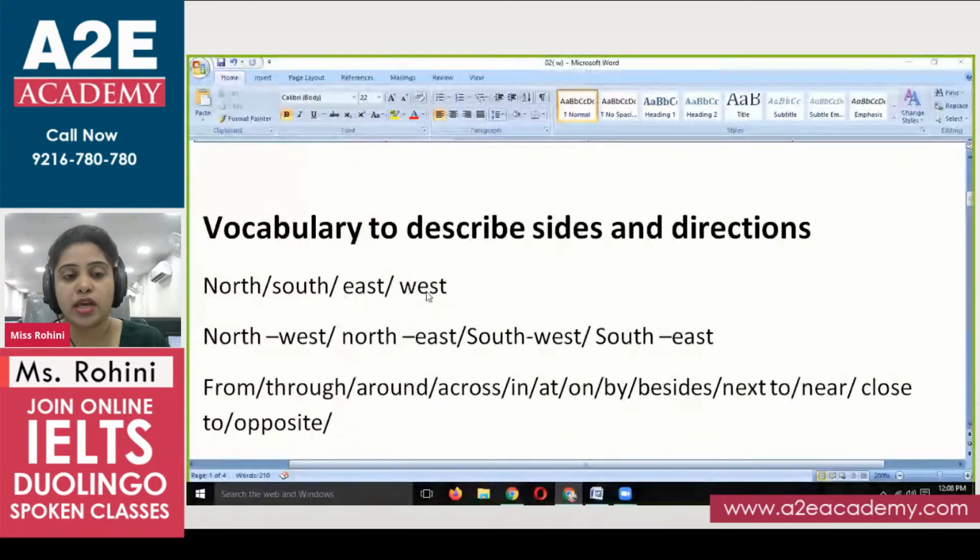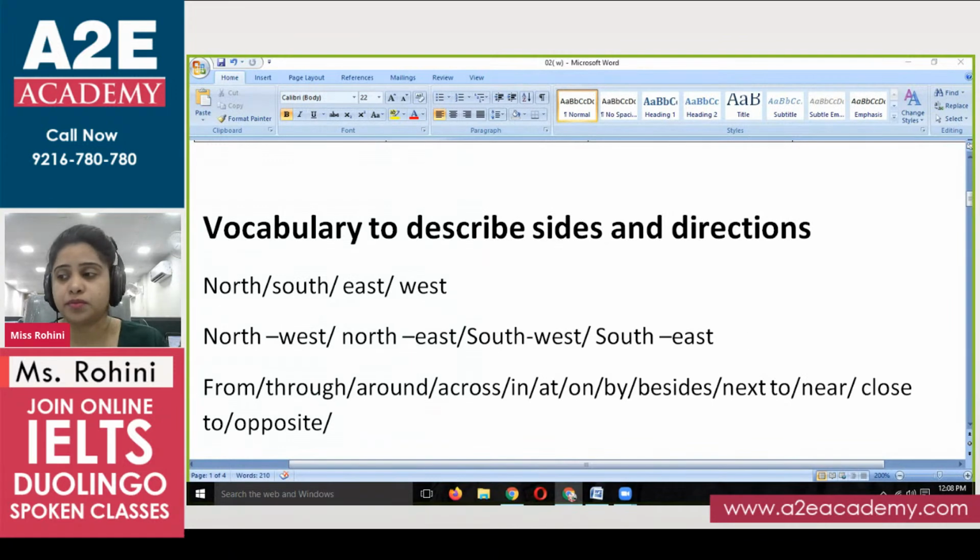east and west. Okay, and make sure that because these are directions, the first letter is always capital. Or otherwise you can also just use the word northeast. Suppose if something is located at the top from the west corner, for that: northeast, southeast, northwest, southwest.